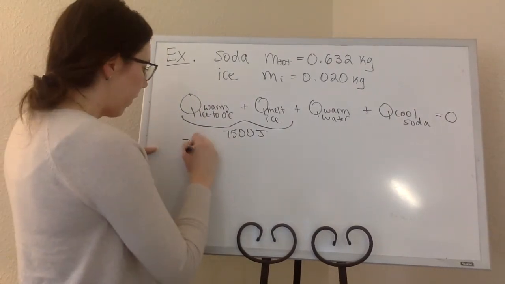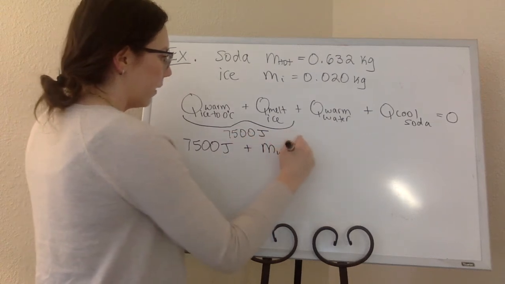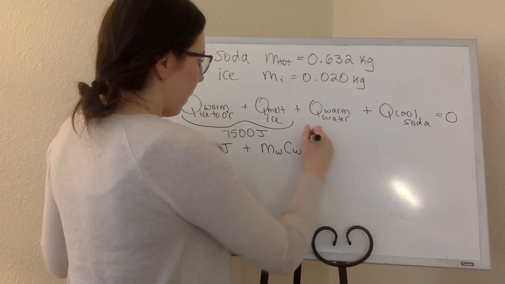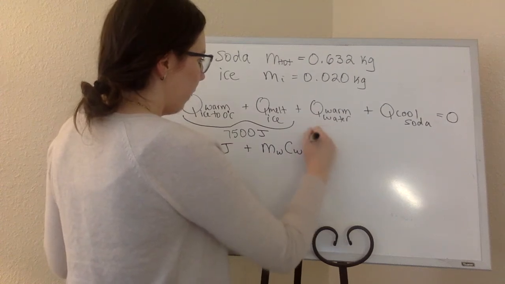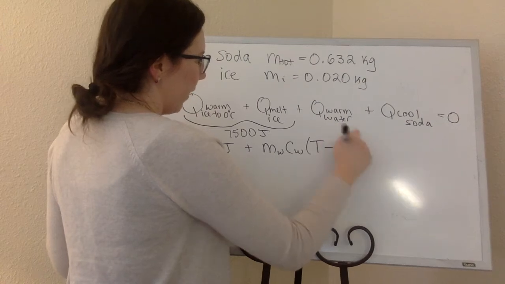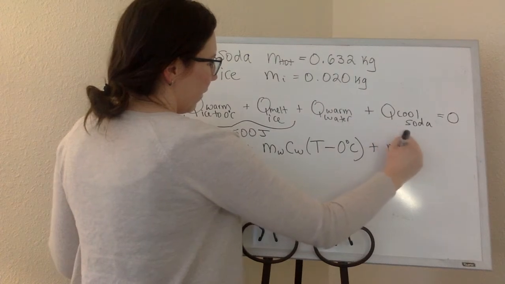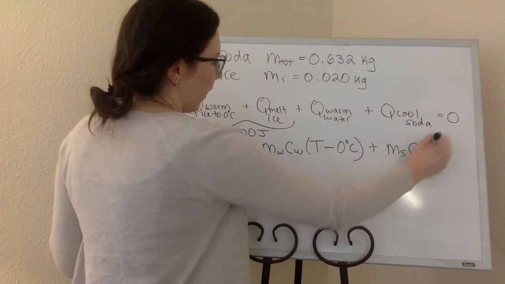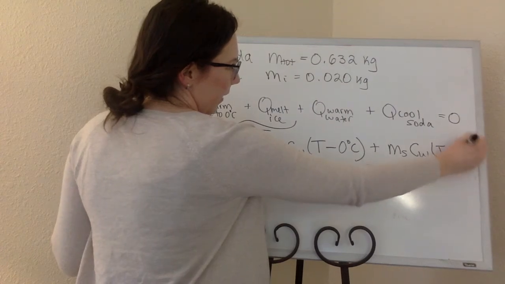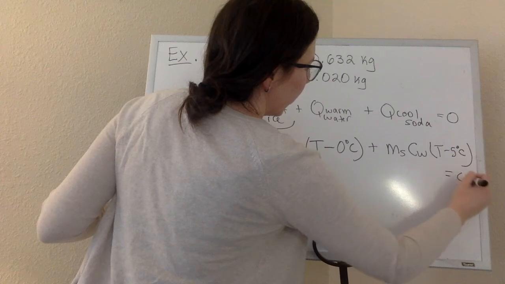So we have 7,500 joules plus the mass of water, seawater, and then this temperature is going to be the final temperature T minus 0 degrees, where this melted ice started, plus the mass of the soda, seawater. This is going to the final temperature from 5 degrees. Okay, so T minus 5 and all of that equals 0.